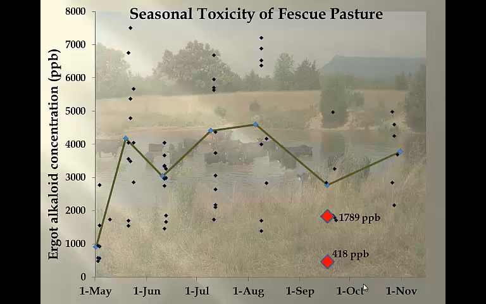And the other thing it shows you is that we can test hay, and we don't want to ignore hay, because we could potentially take a hay that might be very low in toxicity and use that in some way to help with the total system. If we're looking at the McCormick farm and we might see some really high alkaloid stockpiled fescue in the fall, could we feed some hay that might be low in toxicity for a couple weeks to get us through until things frost and that plant's not actively growing as much?